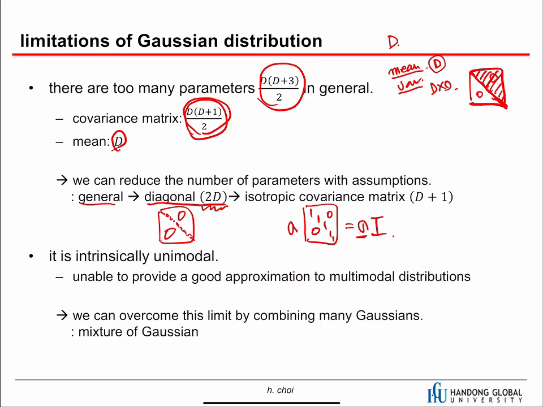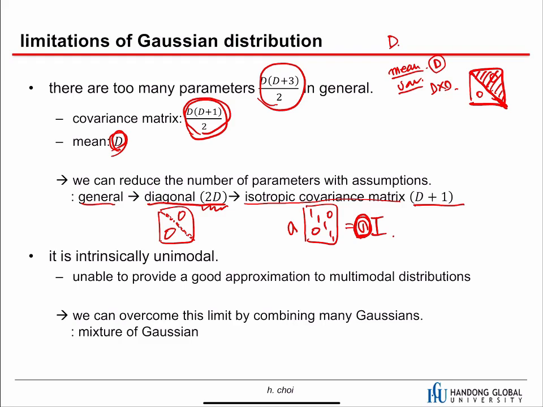Okay, so we have only one parameter for a covariance matrix if it is an isotropic covariance matrix. So we need d parameters for the mean, and we need one parameter for the covariance. So in total, we need d plus one parameters. So in general, we have too many parameters, but if that's the problem, then we can reduce the number of parameters based on some assumptions or approximations.